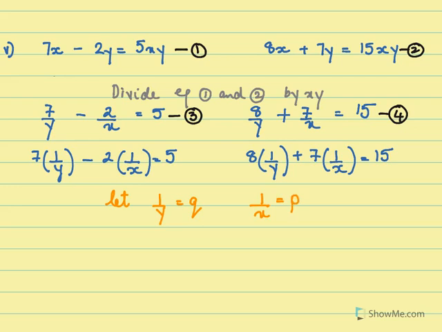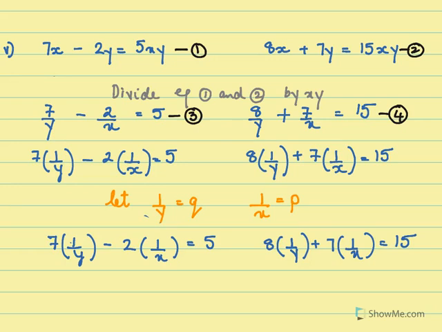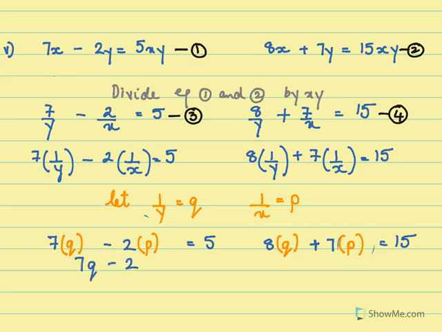So in this equation wherever there is 1 by y I will put q and wherever there is 1 by x I will put p. So on substituting for p and q, my equations now turn out as 7q minus 2p equals 5, 8q plus 7p equals 15.